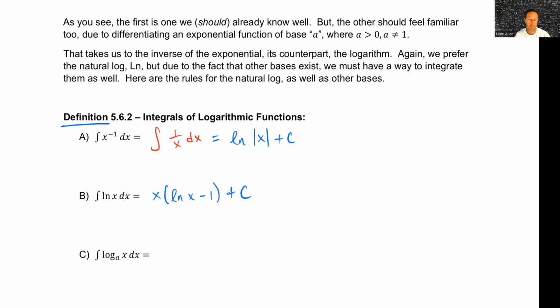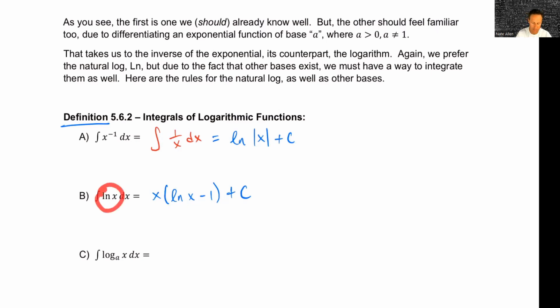Not something that we prefer to see or have had even when we were taking the derivative, because this would have been a product rule, or even if you distributed it, you would still have a product between these two that you could just take the derivative of. Not very nice.